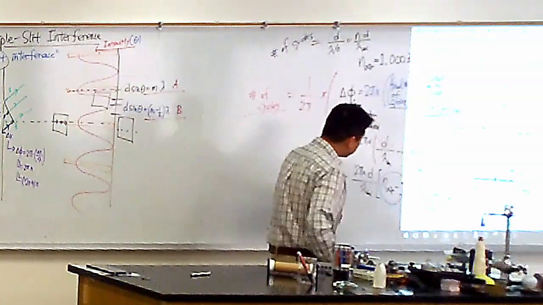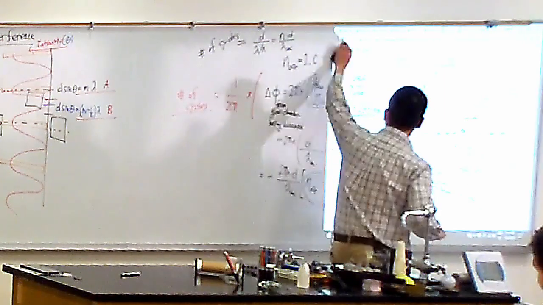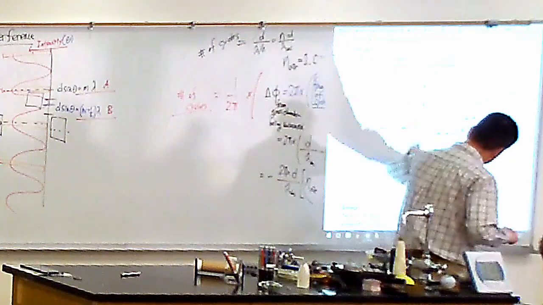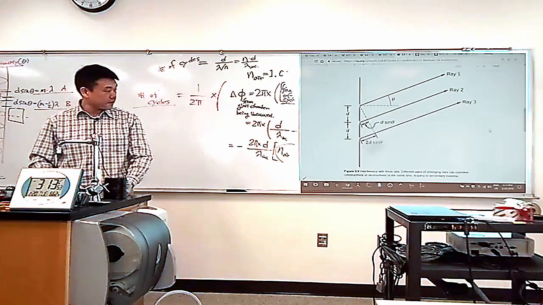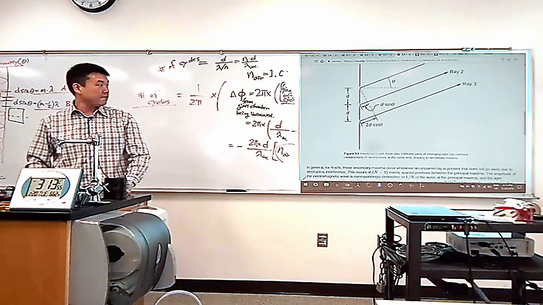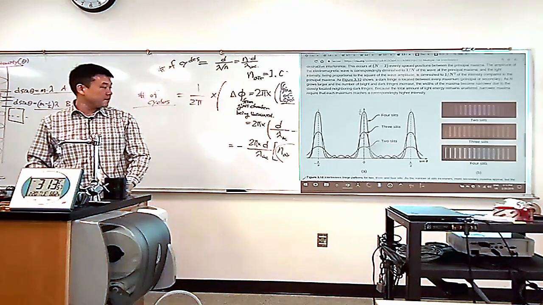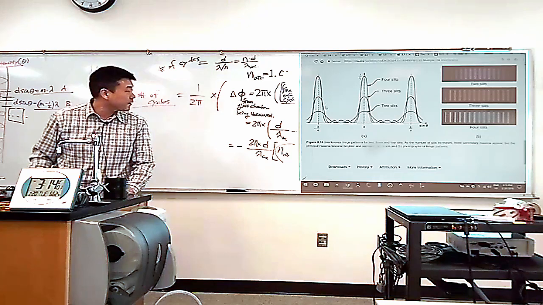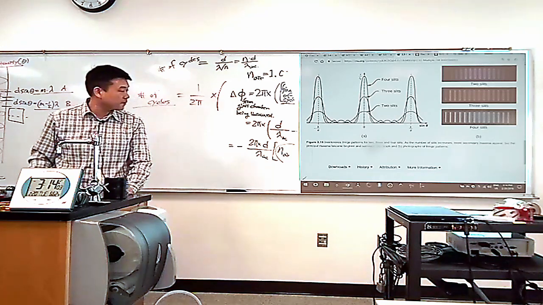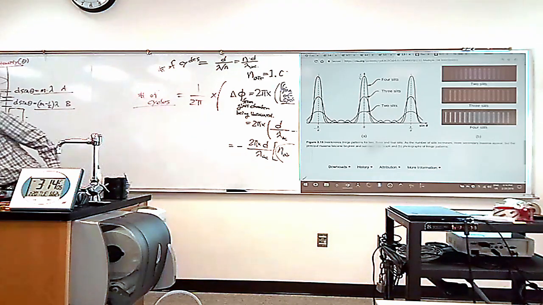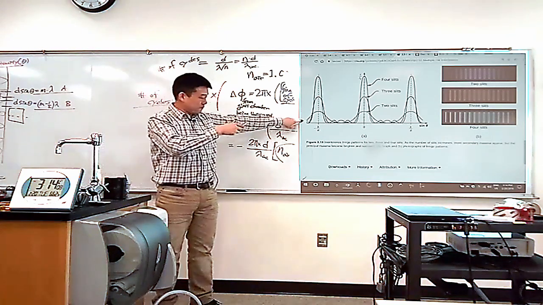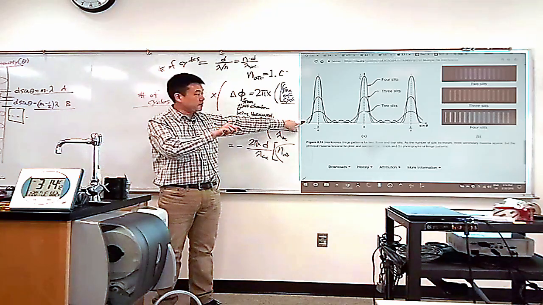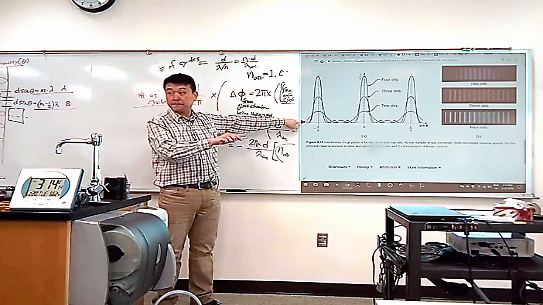So what I'm instead going to do is show you the plot in the textbook. This is the n-slit interference that you saw in your textbook, and with the 3 slits, this is the pattern that they are showing. It's very hard to see. This purple line that I'm following here, that's the double slit interference intensity.